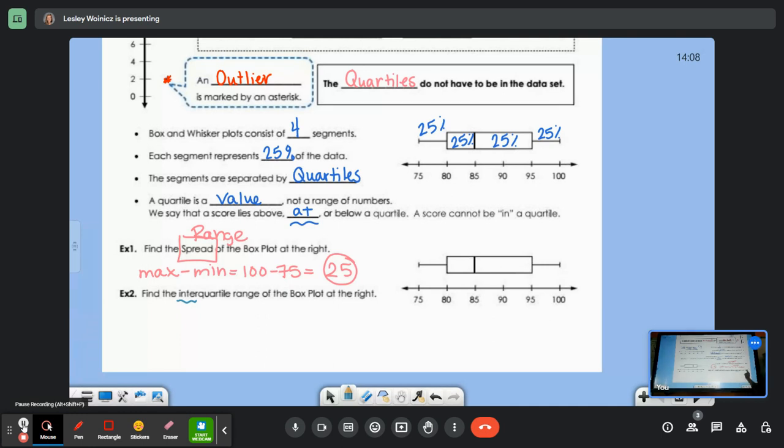Inter means between, write that down. Quartiles are obviously quartiles, right? Interquartile. So the quartiles that we want to go between are Q3 and Q1.